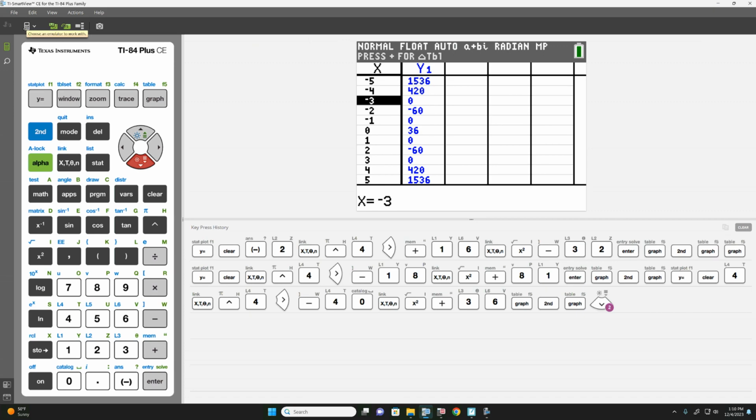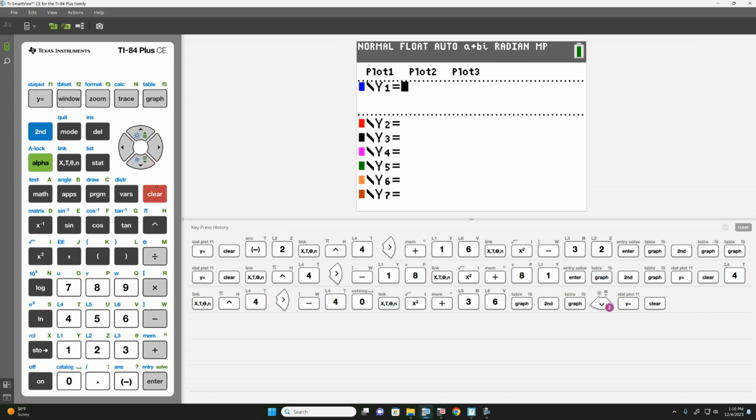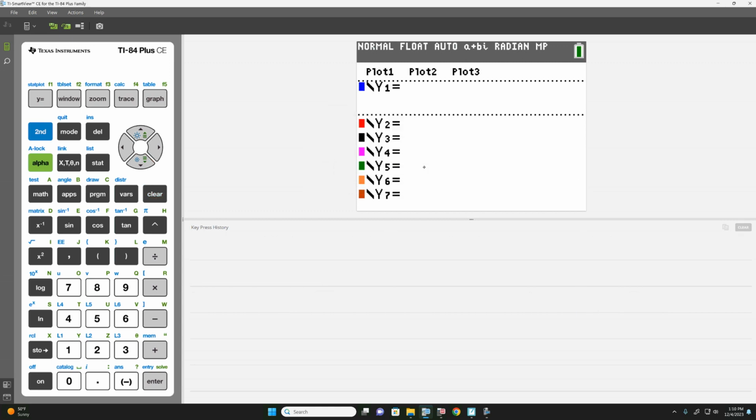Now to sketch the graph, we're going to use the graphing calculator. So to get to our graph, we're going to hit y equals. On the graphing calculator, we'll turn it on, hit y equals, and we're going to type this in.